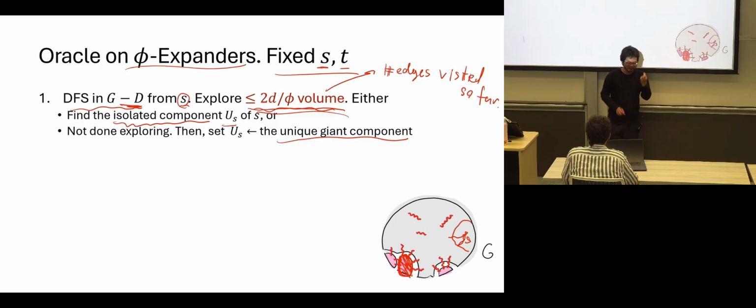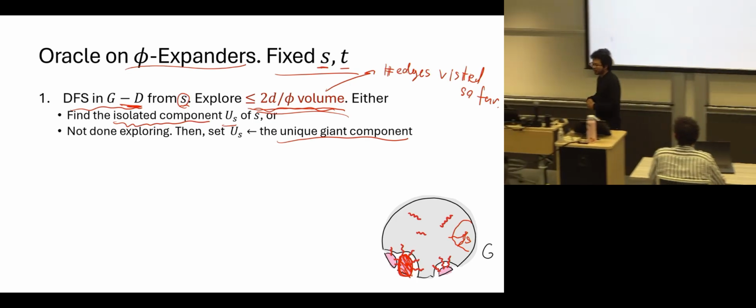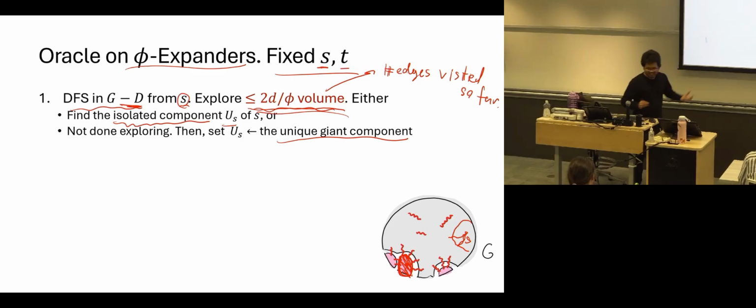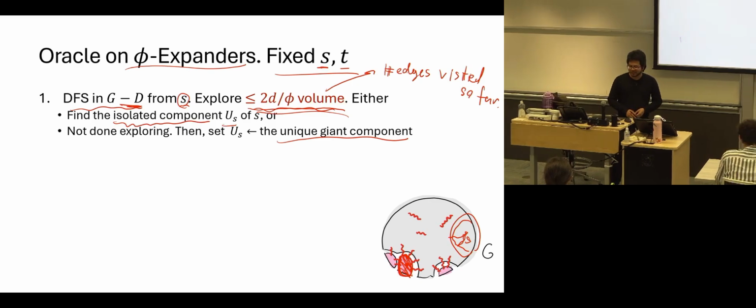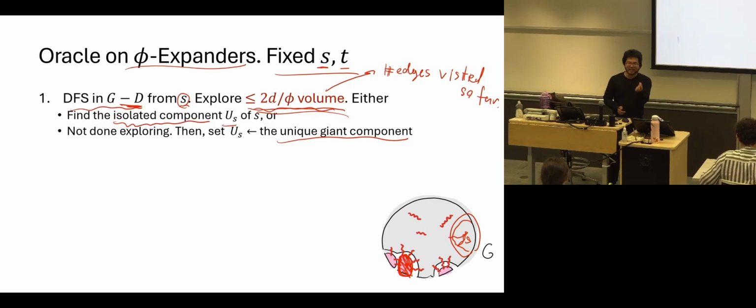So you will get stuck inside the component for sure, and the component where you got stuck is the component of S. And if you can still continue, you know you are not in the small component, so you must be in the big one. So you can identify which component S is in by spending order of D over phi time.